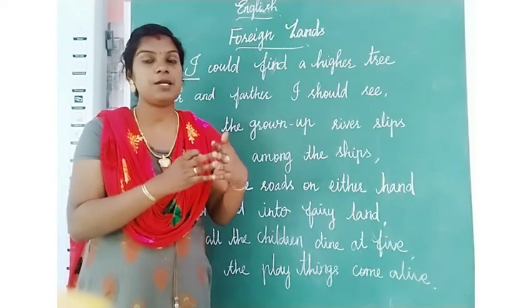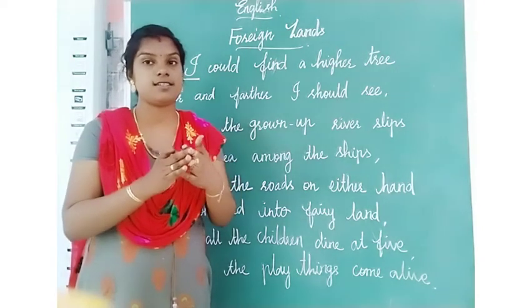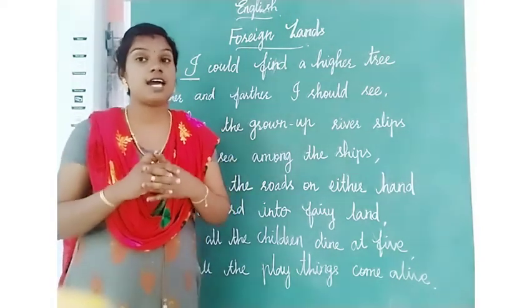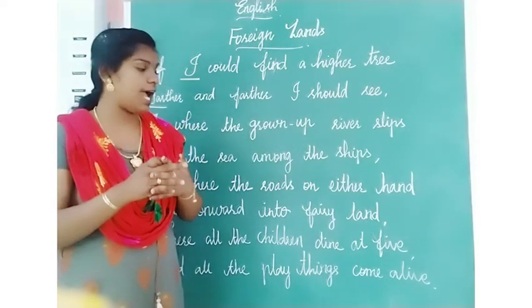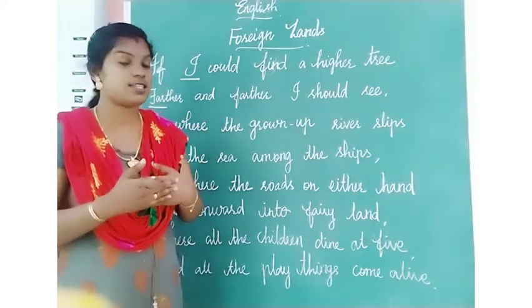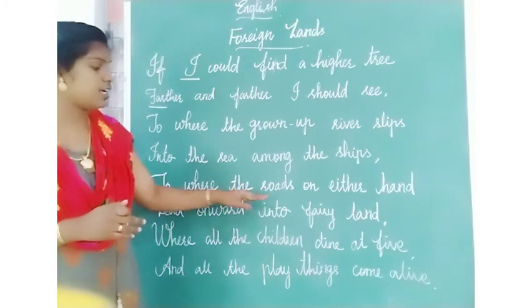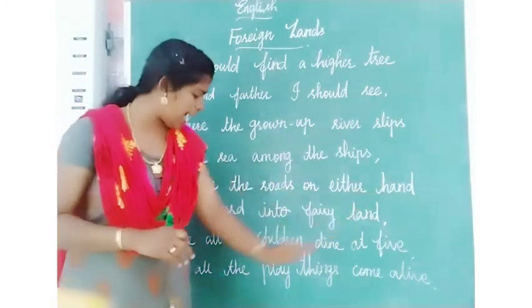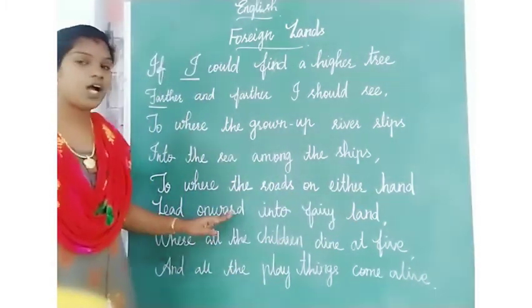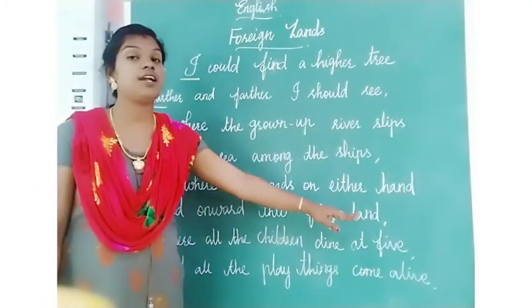On the road, some people were tramping, right? Walking on that dusty road. On the other hand, there is one more thing she saw. She was seeing a road on either hand that leads onward into a fairyland.